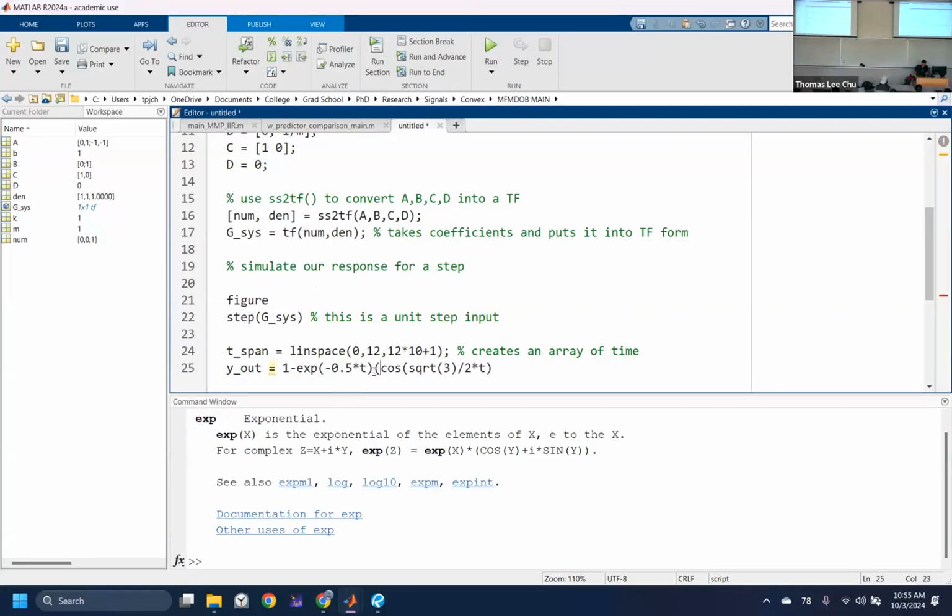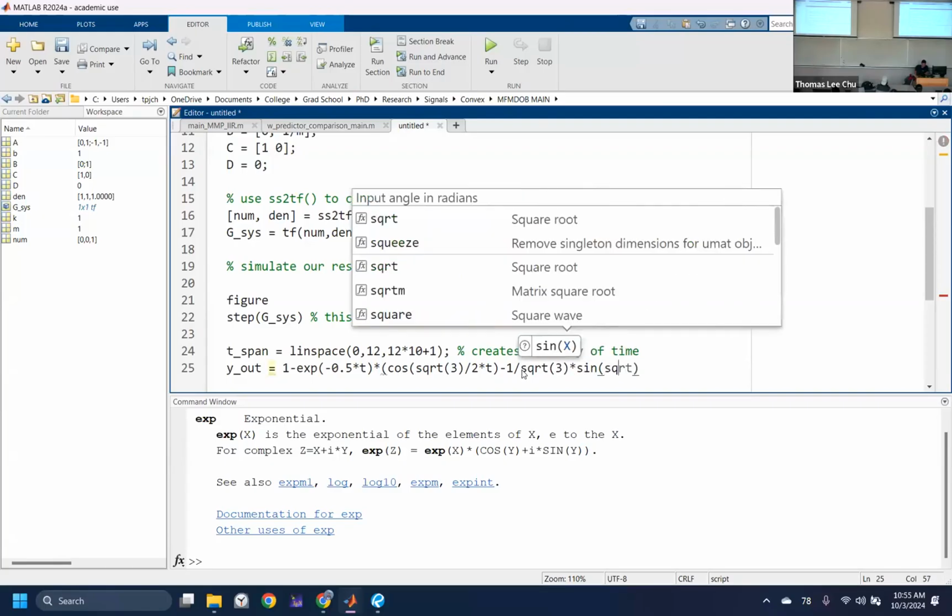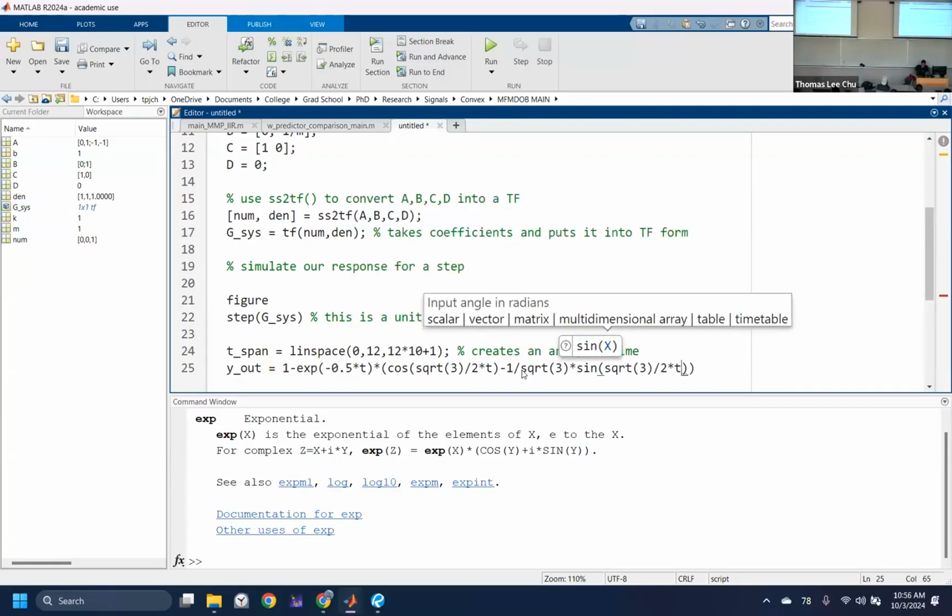Actually, we can pull out the exponential because both the cosine and sine terms have it. Minus 1 divided by square root of 3 times sine of square root of 3 divided by 2 times t. Oh boy, is that one too many parentheses? No, I think we're good.